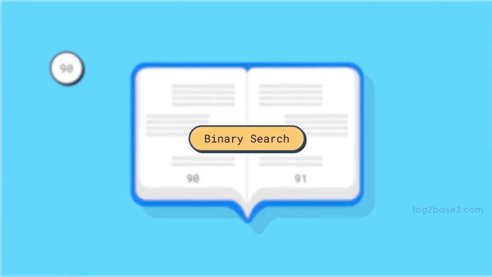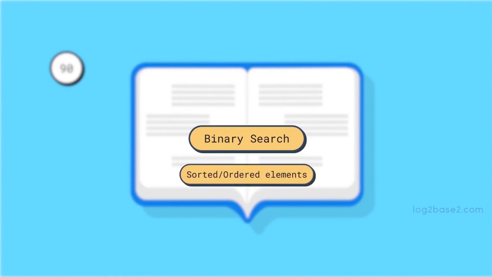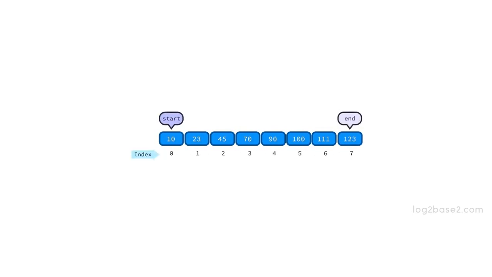Binary search can be performed on a sorted or ordered set of elements. Say this example array with elements 10, 23, 45, 70, 100, 111 and 123. Suppose we want to search for the key 45. As we did for the book, we will first find the middle element.